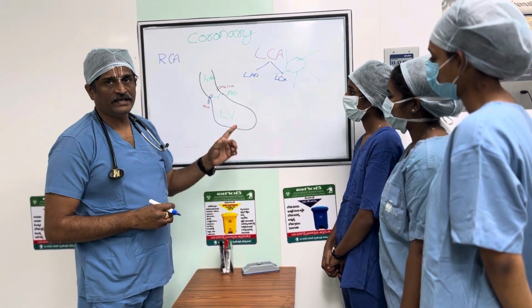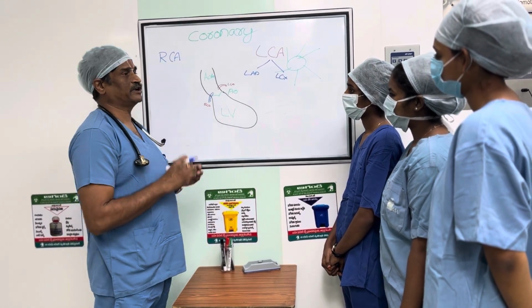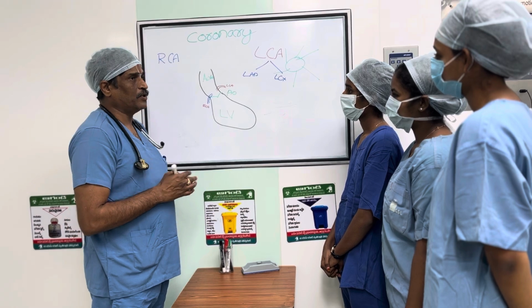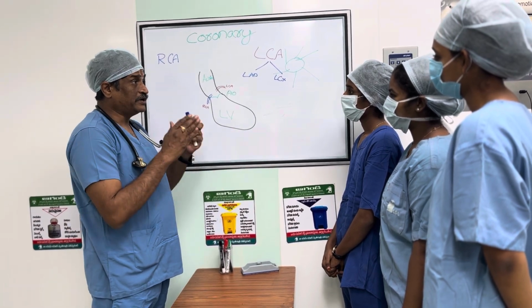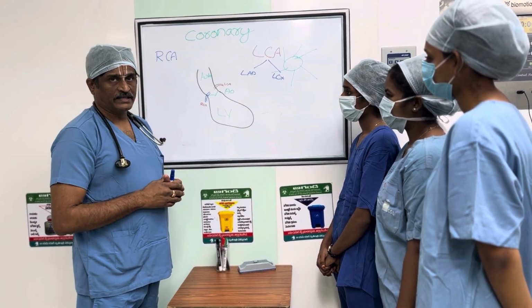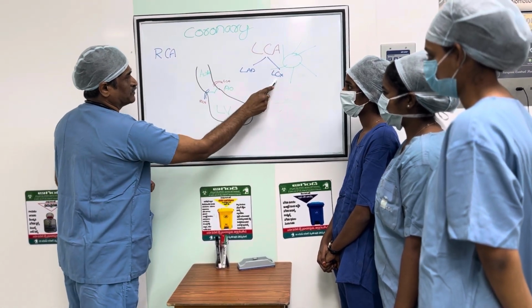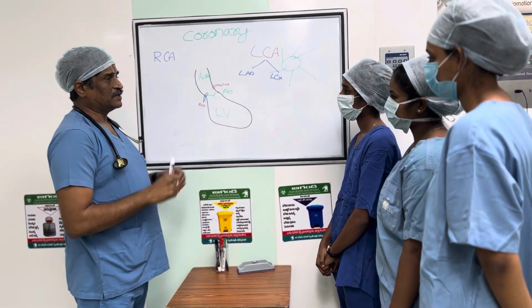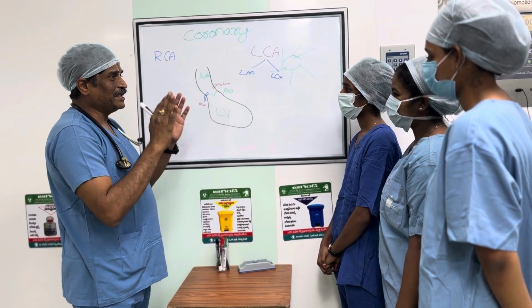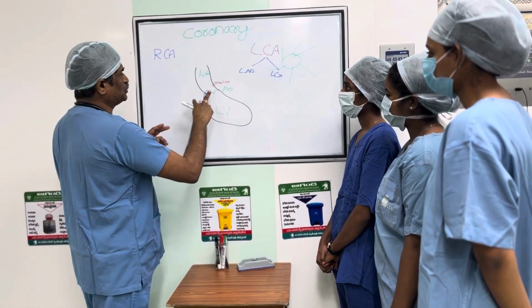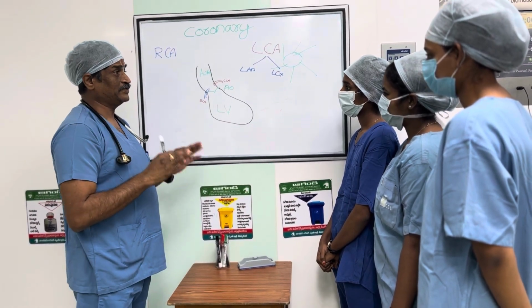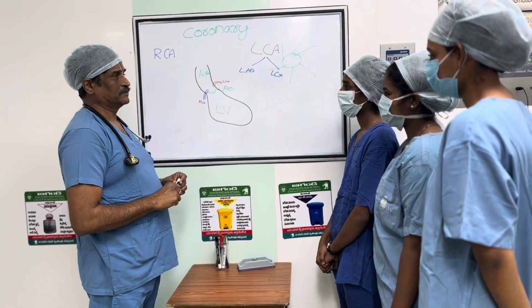This LAD and circumflex are equally important vessels. If there is a block in them, we have to treat them separately. That is the reason it is called one, two, three: triple vessels. The heart is supplied by three important vessels. Though there are only two arteries, it is supplied by three important vessels.